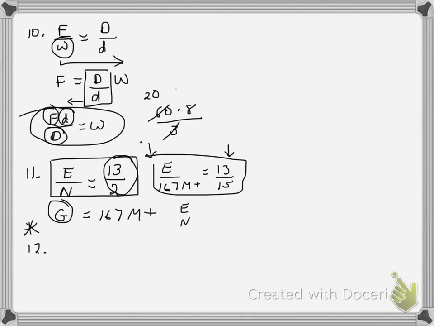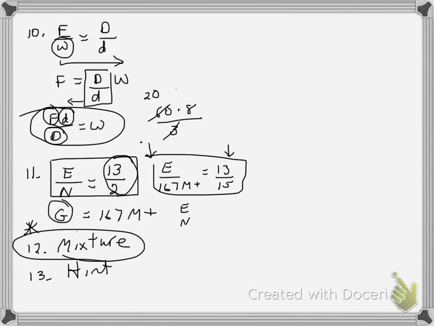Number 12, that's one of those mixture problems. So I want you to do 12 on your own, and 13's a little tricky. Let me give you a hint on 13 and then see if you can do the rest on your own.